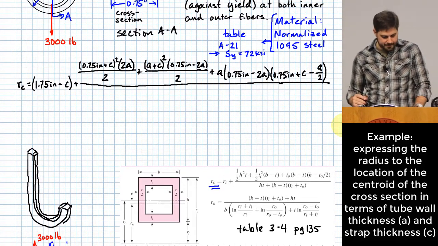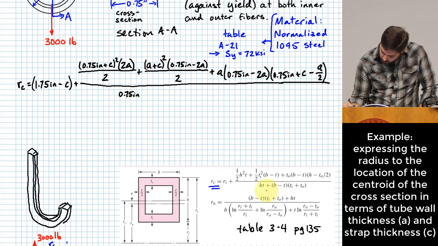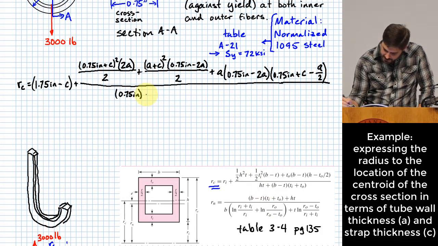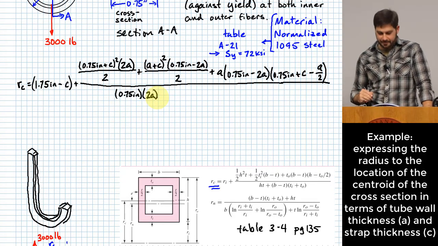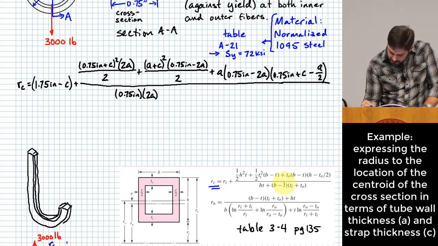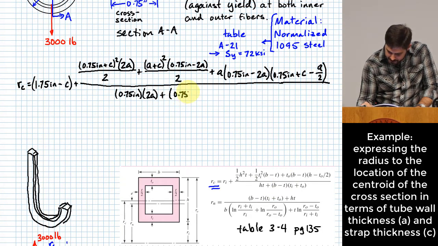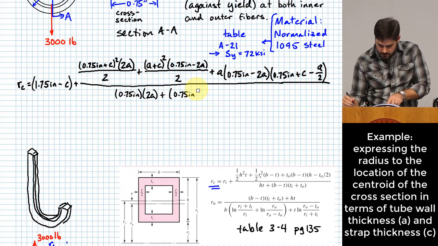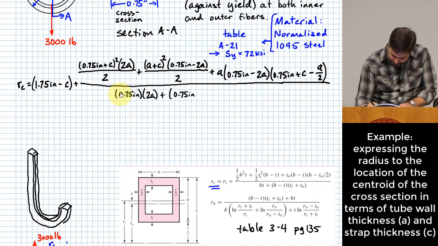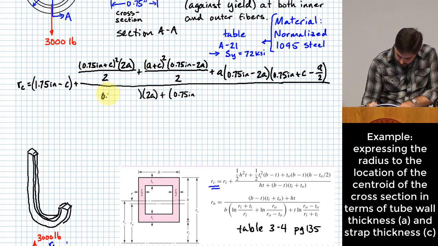Now in the denominator, H is 0.75 inches plus C. What's T? Again, that's 2A. Now we have B minus T. B, again, is 0.75 inches. Yes, thank you very much, we don't want to forget that.